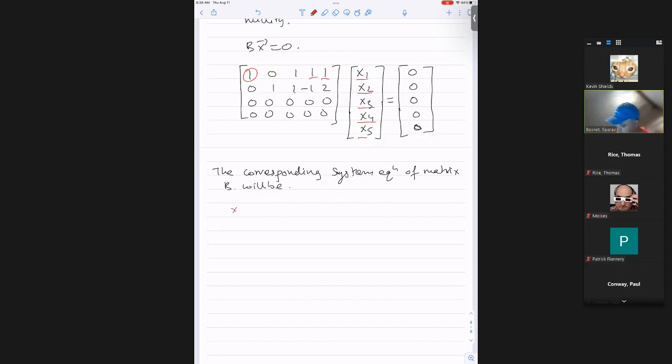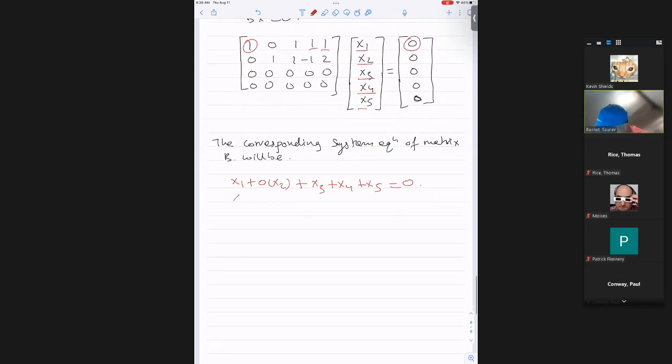So it is x1 plus 0 times x2 plus 1 times x3 plus 1 times x4 plus 1 times x5 equals 0. That's one of our equations. So I can clean it to x1 plus x3 plus x4 plus x5 equals 0.